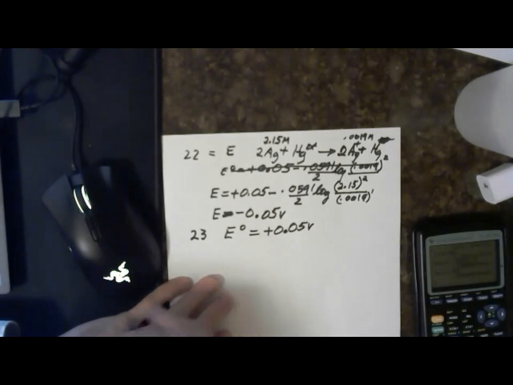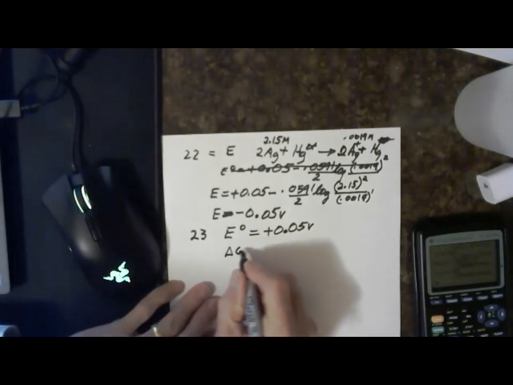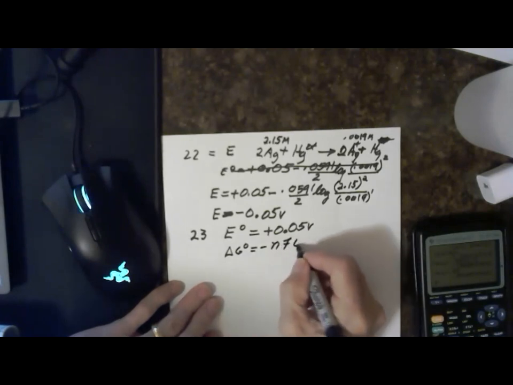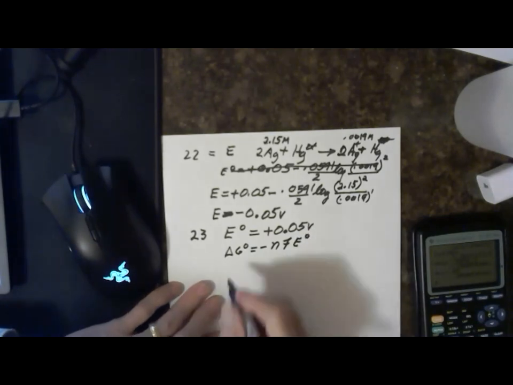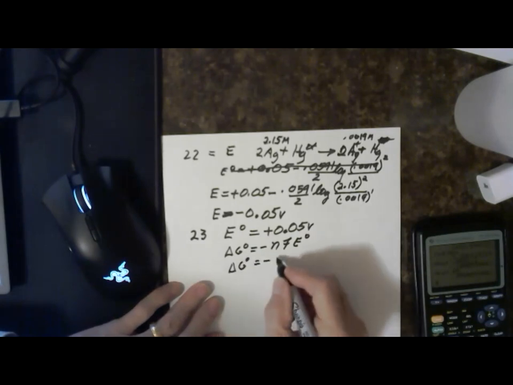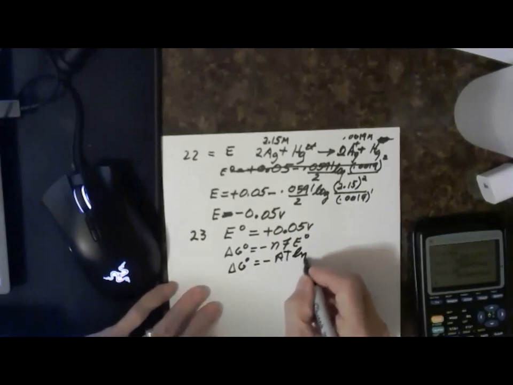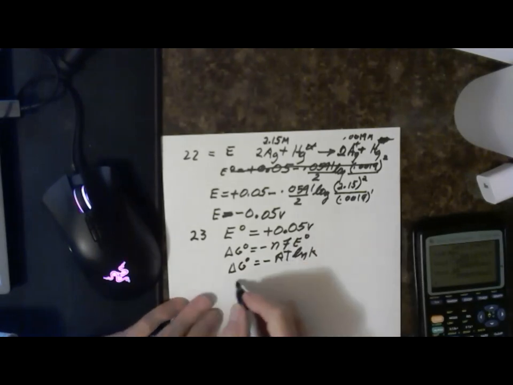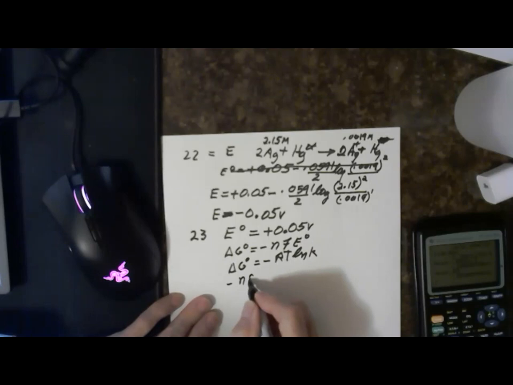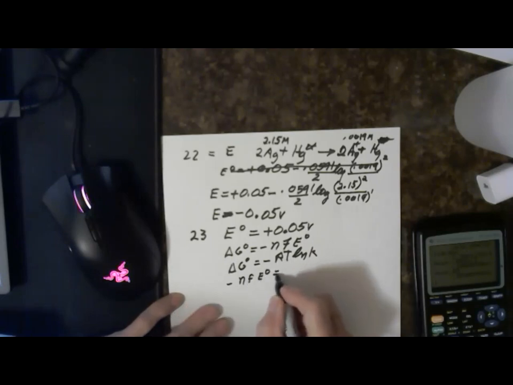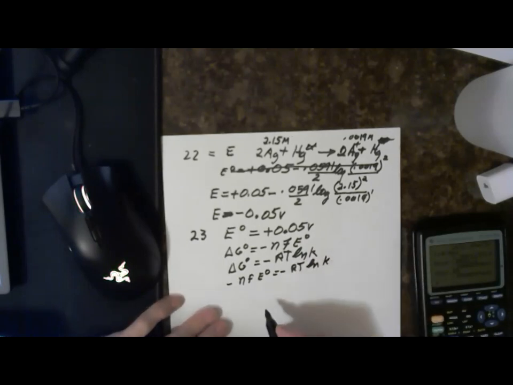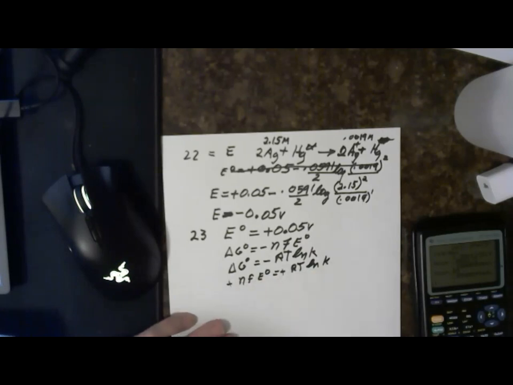Well, delta G superscript naught is equal to minus n F E0, and delta G superscript naught is minus RT ln K. So if I put these two together, minus n F E0 is minus RT ln K. Minuses cancel from both sides.